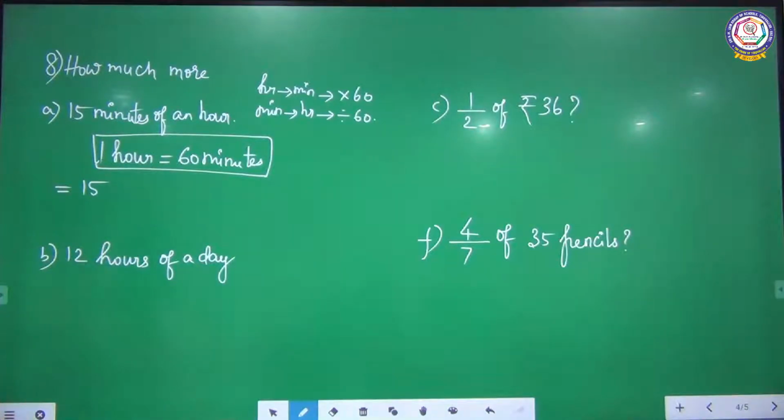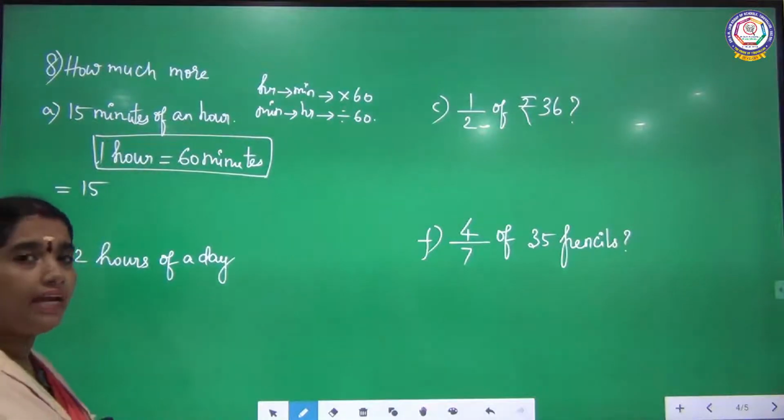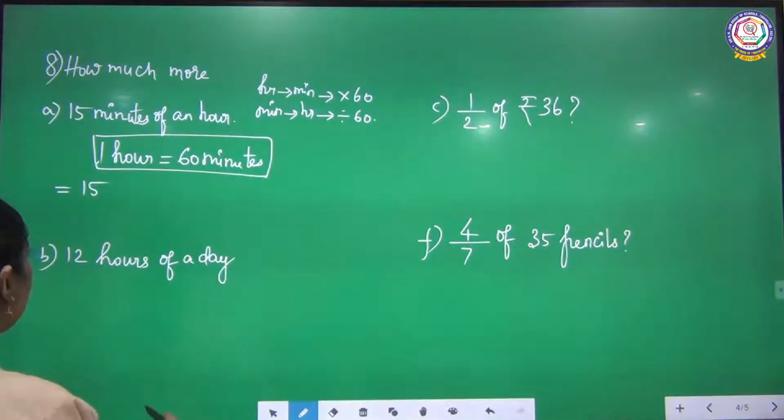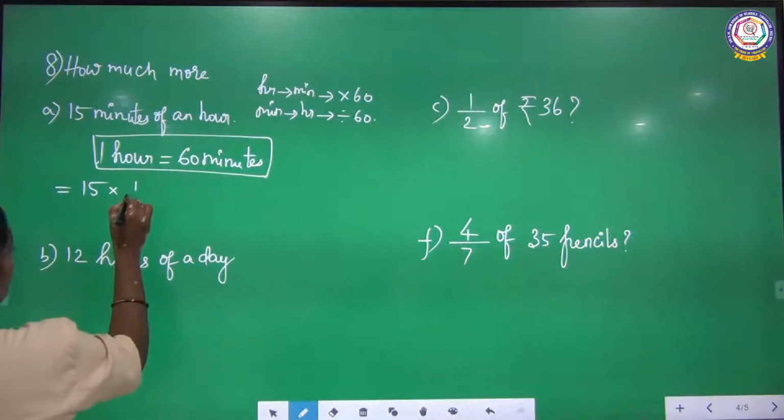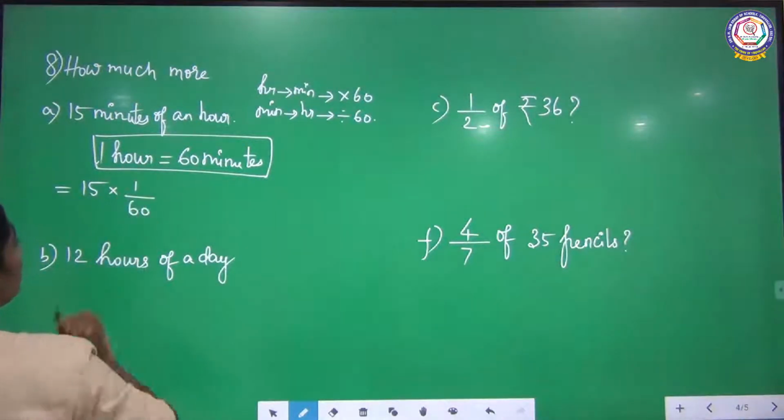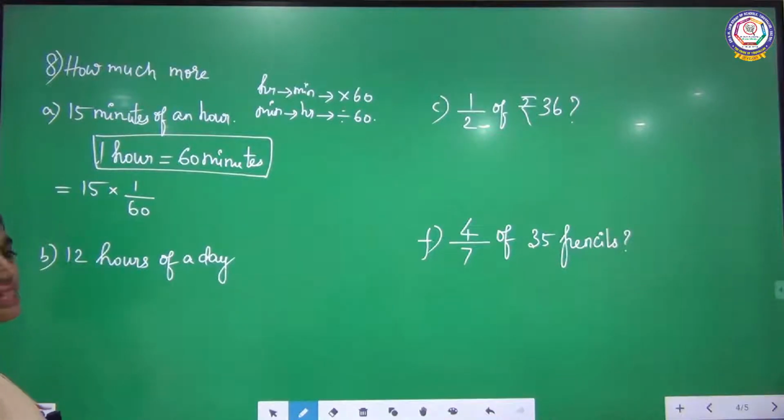Can you clear this? Hour to minute means I am going to multiply by 60. But here minutes to hour. So I am going to divide by 60. So 15 minutes of an hour is equal to 15 into 1 by 60. That is, I am dividing by 60.